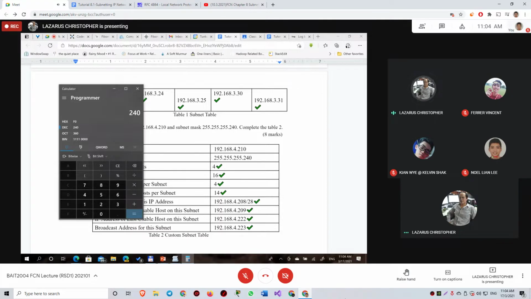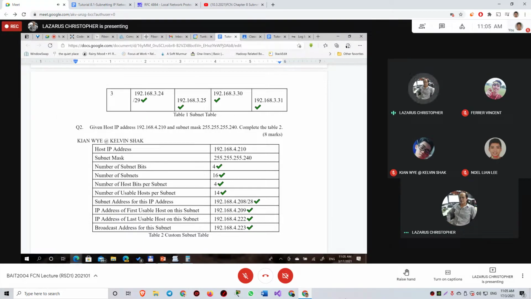That range is class C, so it starts from the 24-bit boundary. So we borrowed 4 bits. 24 plus 4 is 28, so this is a /28 network.